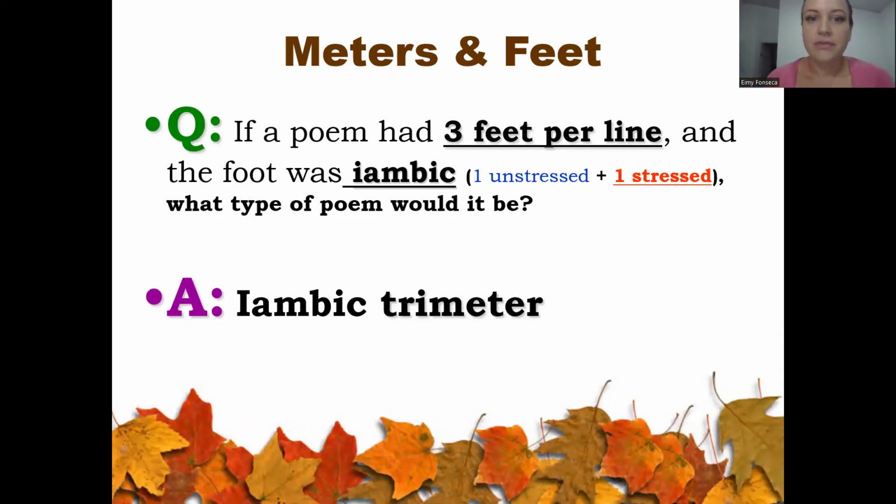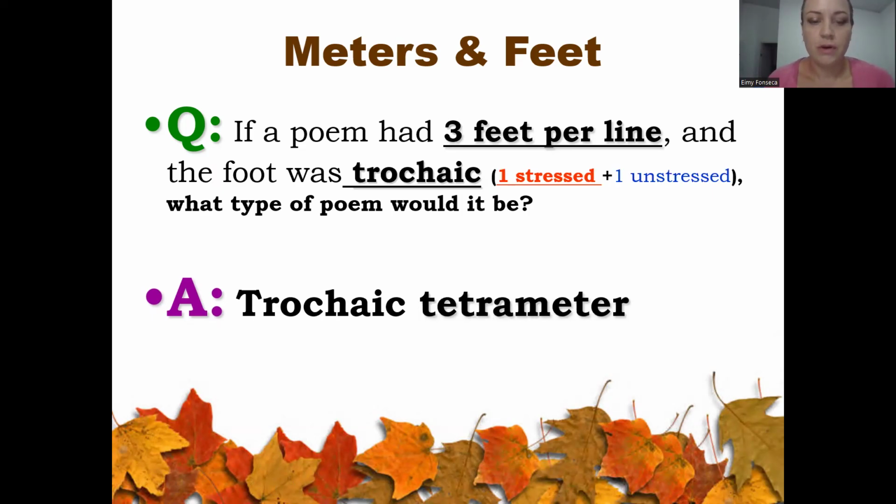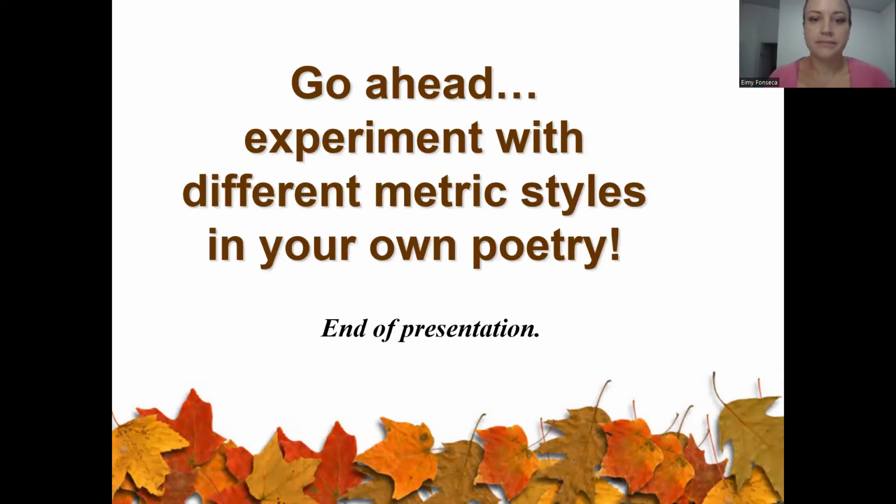And then 3, and then 4, and then 5, and so on, right? Or as I told you before, it could be a trochaic tetrameter, right? It means it has 4 feet that are trochaic. So that is a summary of it.